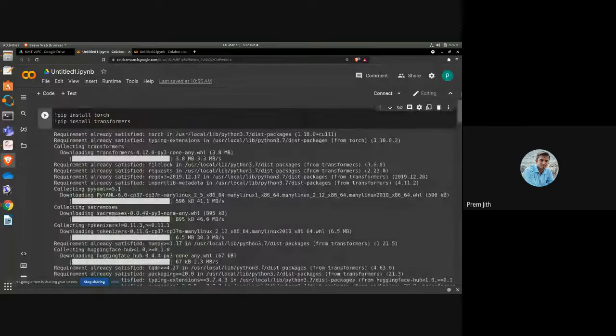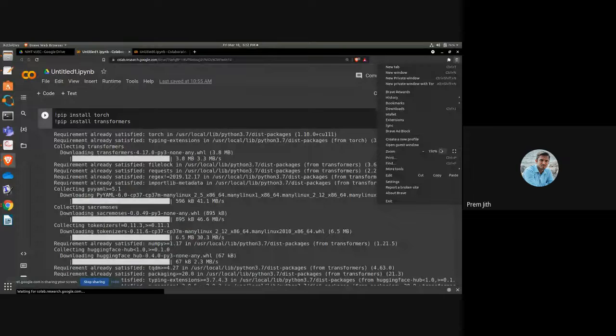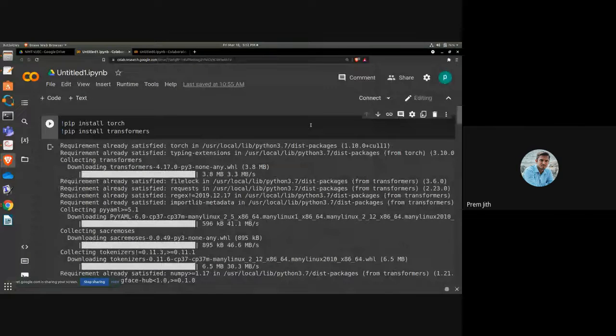I hope you can see my screen and all the characters are visible. You have to install the transformers library in your local system or in Google Colaboratory. If you are familiar with Google Colaboratory, you can use it for your analysis, and you can install transformers and torch, because transformers can be implemented using both PyTorch and TensorFlow.